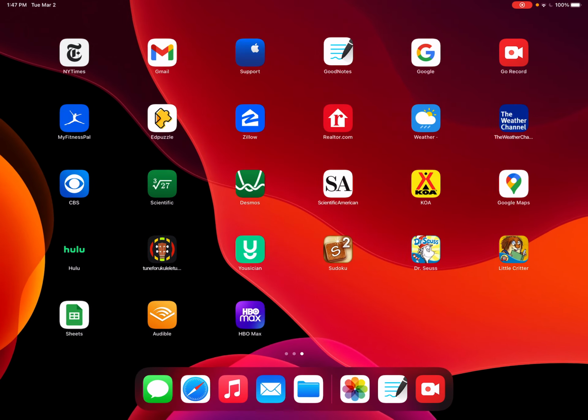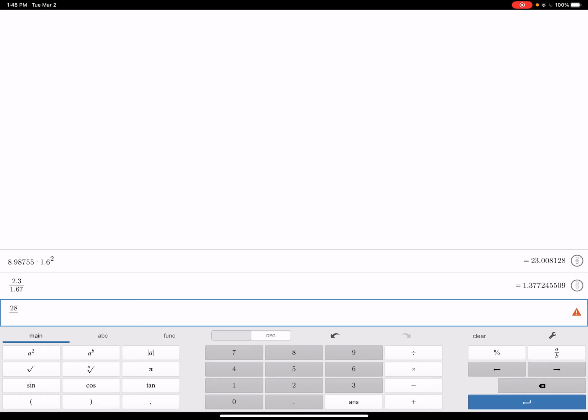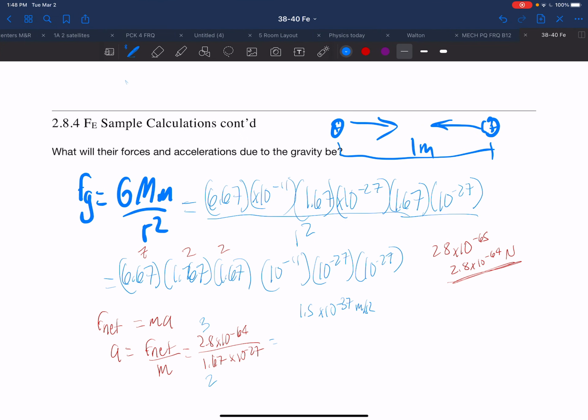Now I'm just dividing that out. Gives us 1.7 times 10 to the minus 37th meters per second squared.